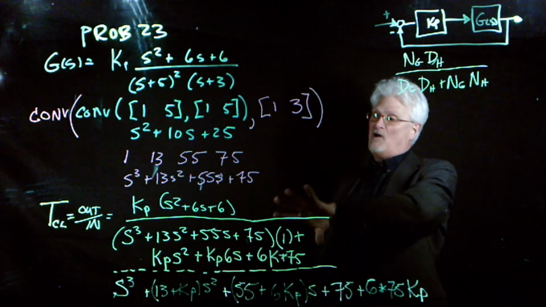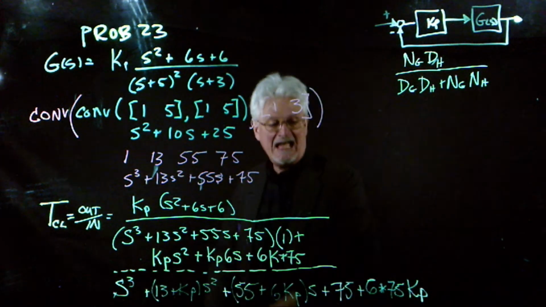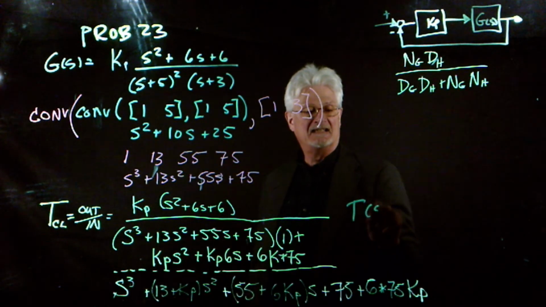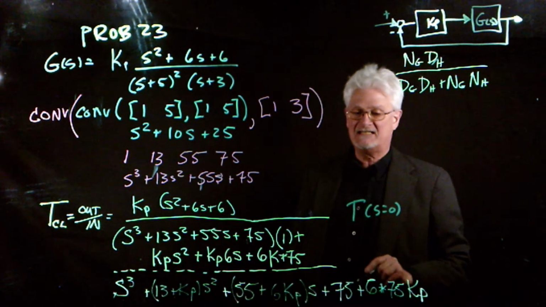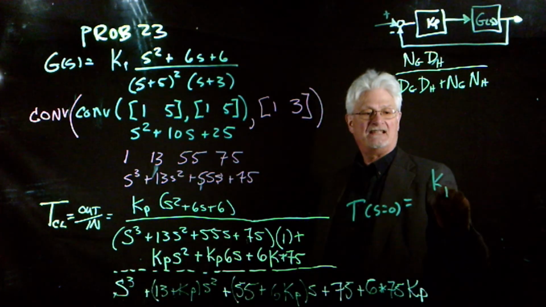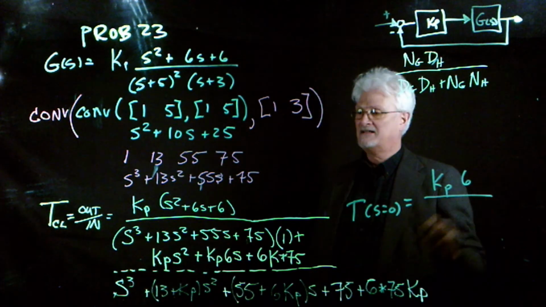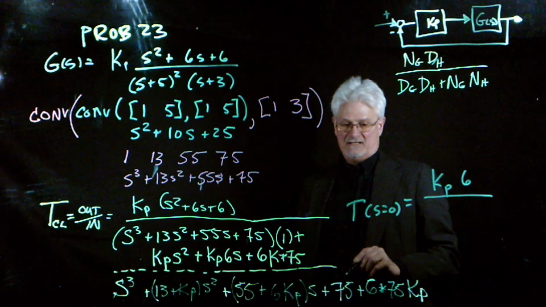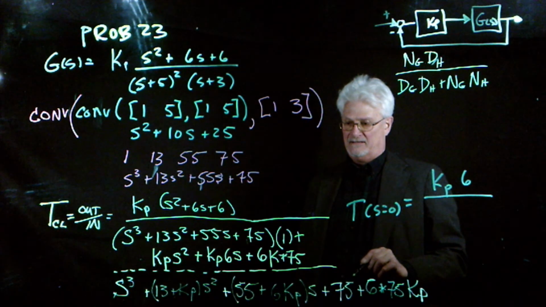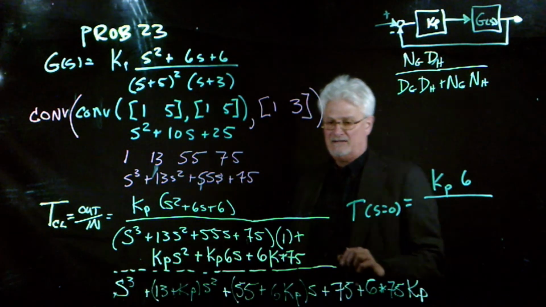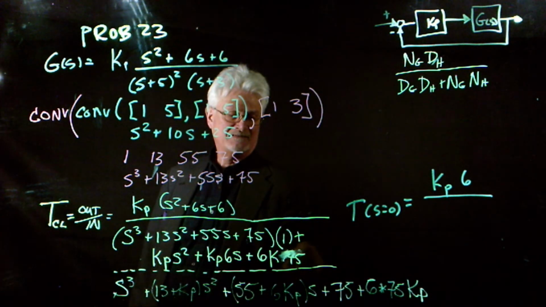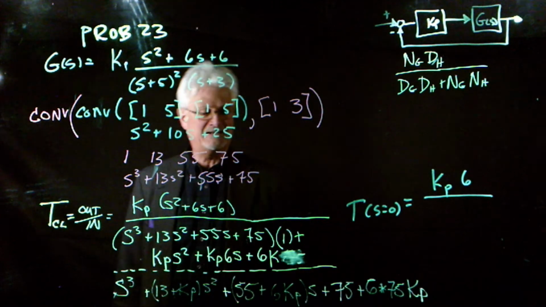But if we wanted to, we could also see what would happen if we look at T of s at s equals 0. That's just going to be kp times 6 over... I think I made a mistake here.